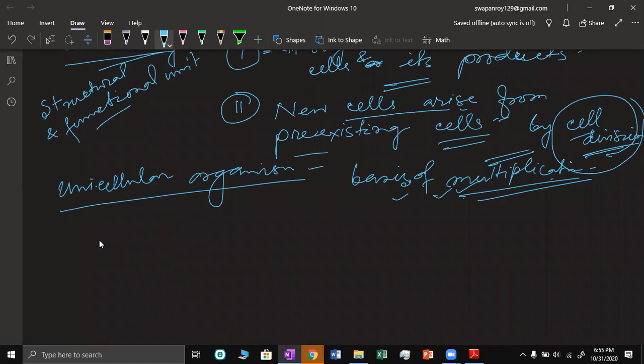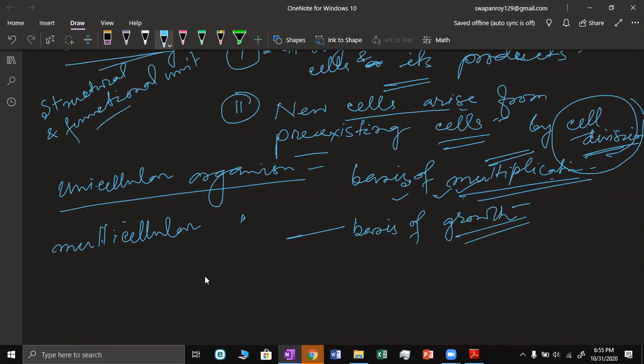But in the case of multicellular organisms, it is the basis of growth, because multicellular organisms are made of many cells, and the cell number increases in an organism due to this cell division.